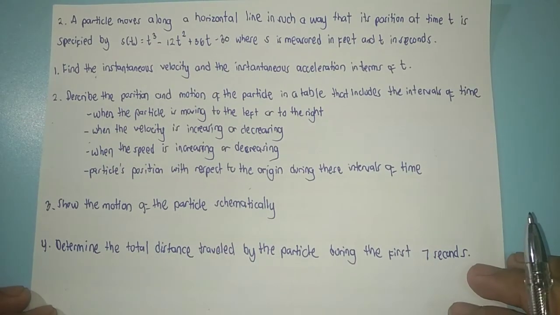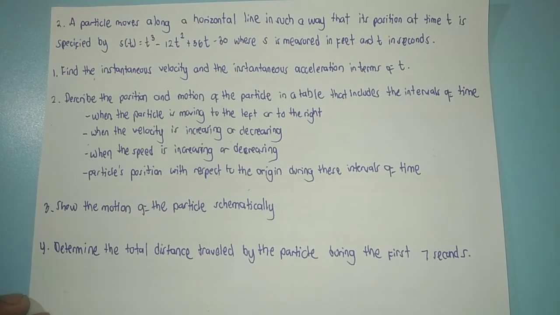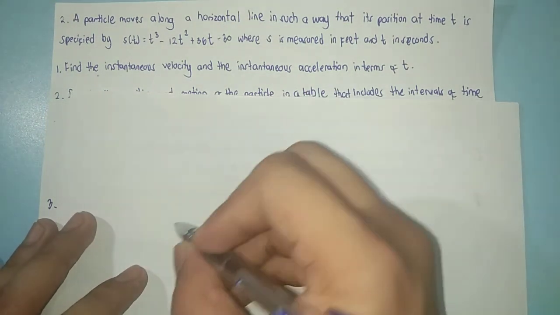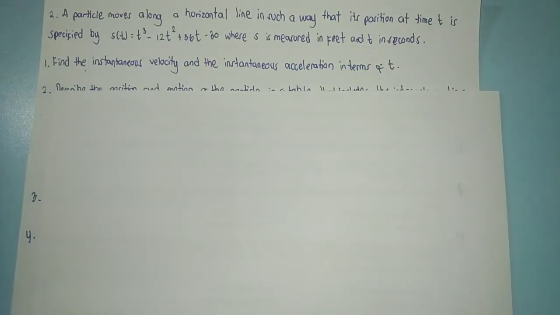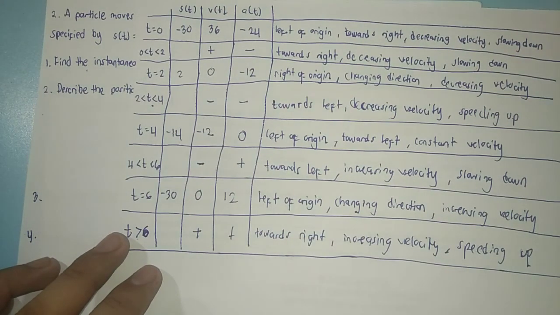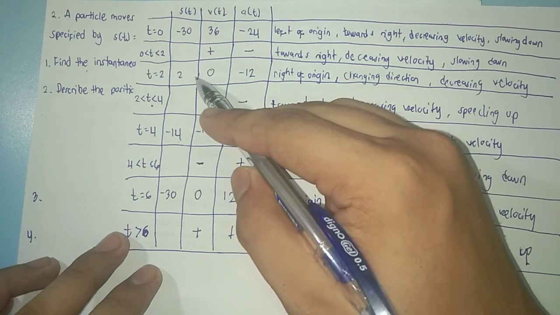Now let's have number 3. Show the motion of the particle schematically. Okay? So, pakita natin yung graph niya. Okay, so nangyari dyan, ito yung pwede natin maging guide to. So, kung mapapansin nyo, mula sa 0, nag-move siya to 2.